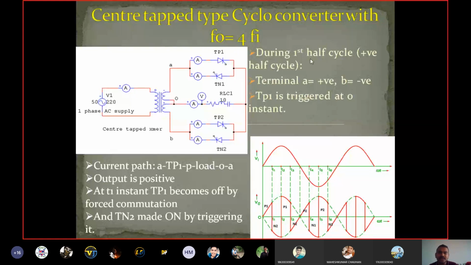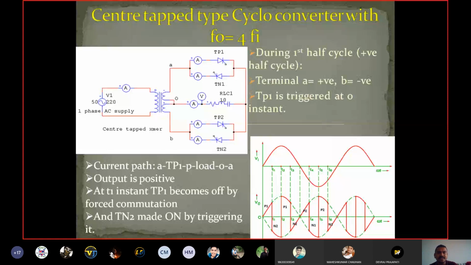Here we are giving a triggering pulse only to TP1. We have TP1 and TN2, these two thyristors can be forward biased according to the polarity of connection. But we are giving a triggering pulse only to the TP1 thyristor at the zero instant, that is at the starting of the positive half cycle.